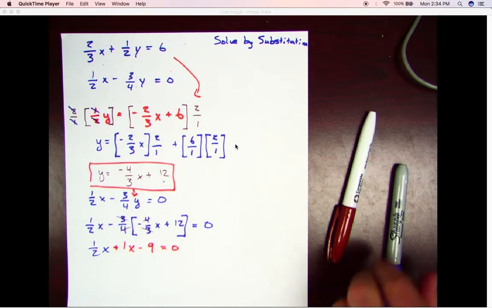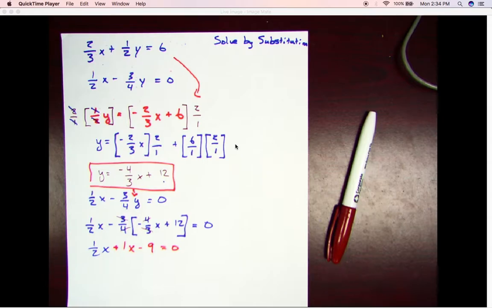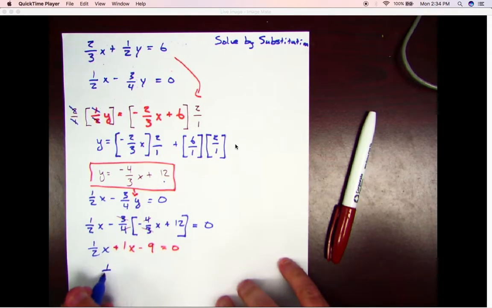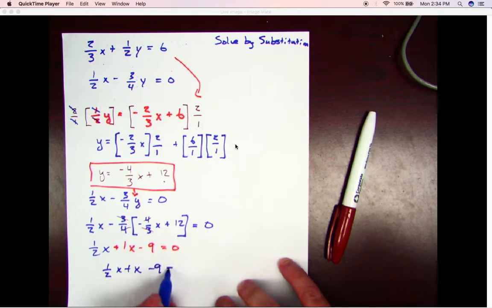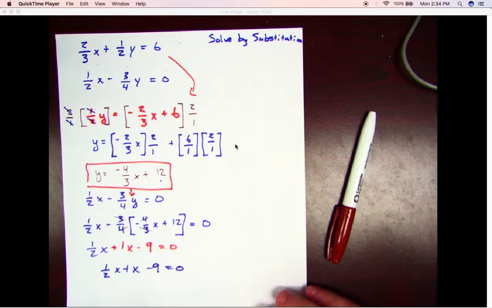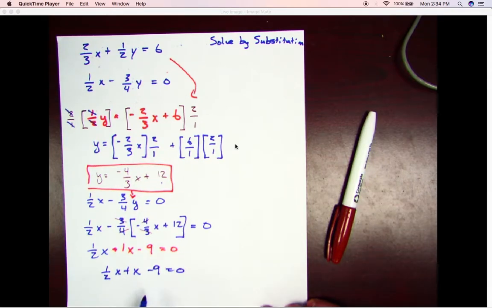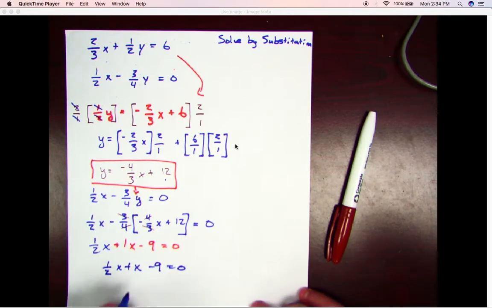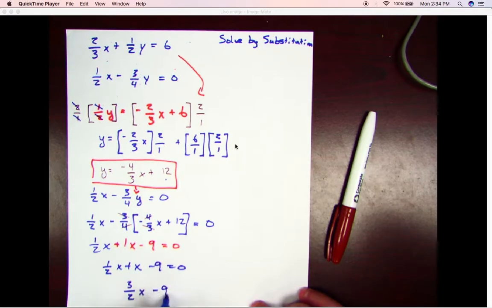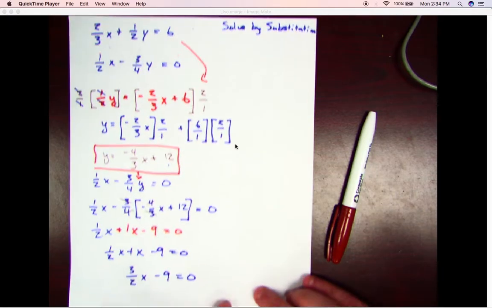All right. So now we have a 1/2 x plus x minus 9 is equal to 0. So to combine like terms, 1/2 x plus x, well, that gets you a 1.5 x, or when you convert that from a mixed fraction to an improper fraction, 3/2 x minus 9 is equal to 0.